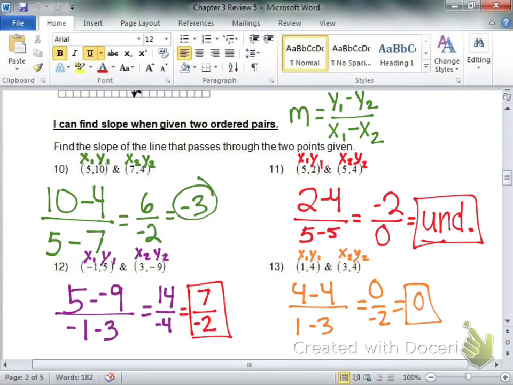On 11, the 0 is on the bottom. Our answer is undefined. 13, the 0 is on the top. Our answer was 0. If you are having a hard time remembering that, the calculator knows it. The calculator knows that 0 divided by a number is 0, and a number divided by 0 is impossible. It will give you an error. So, use those calculators wisely. Raise your hand if you have any questions.